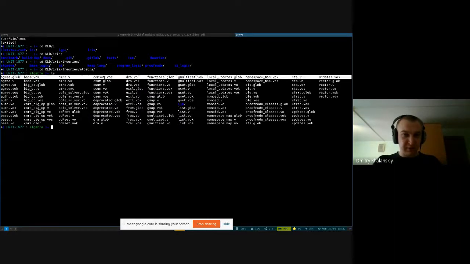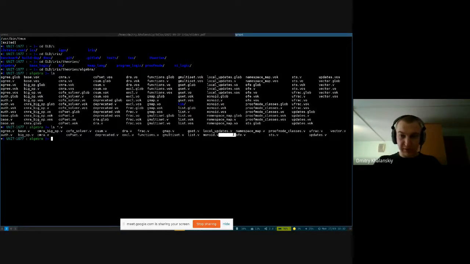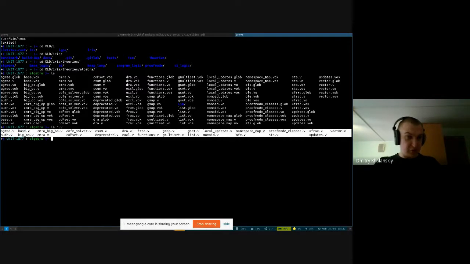This is the Iris source code, and these are the files that contain the resource algebras. As you can see, there are quite a lot. And in fact, in some of these files, there is more than one resource defined. So there's a huge wealth of them.